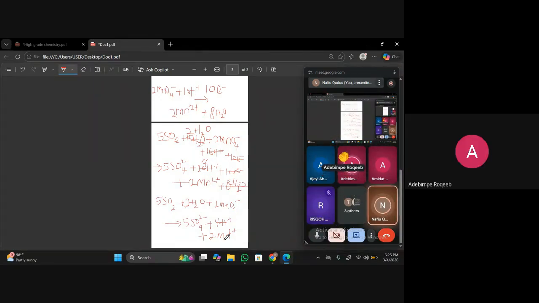So you check if it is balanced ionically. There is nothing here, 0. Here also 0. What's the charge here? -1, and you have 2 in front, so -2. At the product side, 5 times 2, minus 10 here.